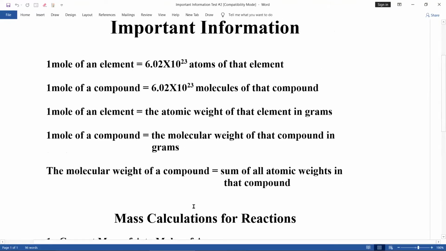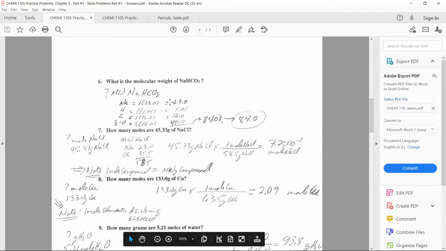So if we go back to our problem set, what's the molecular weight of sodium bicarbonate, baking powder? Well, there's 1 sodium, 1 hydrogen, 1 carbon, and 3 oxygen. Now, on test 2, underneath your name, it will say, please use proper significant figures for all calculated answers.